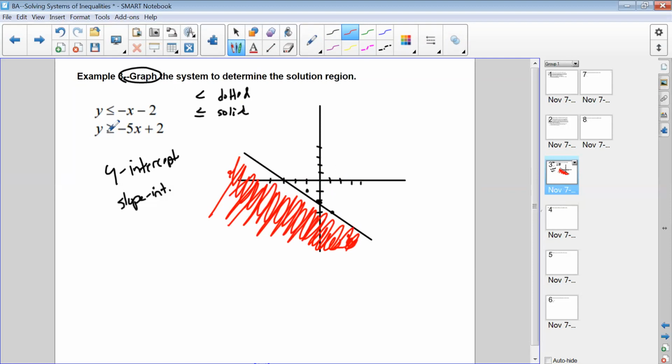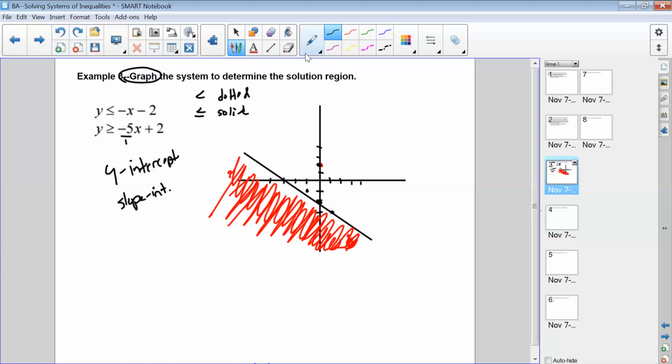I also have a solid line, and so I want to go to +2 and I want a slope of -5. So I'm going to decrease 5, 1, 2, 3, 4, 5, and increase 1. So here's my intercept at 2, and 1, 2, 3, 4, 5.